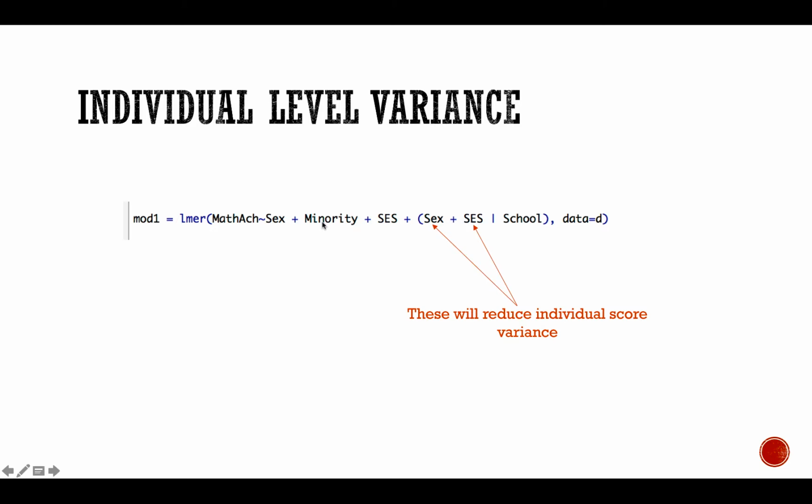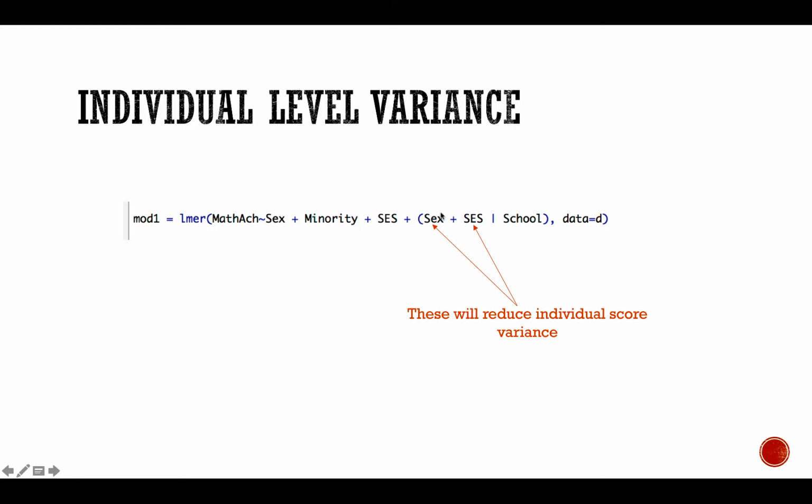So I guess the one thing that isn't is minority status. So we are assuming minority is a fixed effect here, that the difference between minorities and non-minorities is constant across all schools. There's no variability from that. Okay, so now that we have taken the big picture approach, let's go back here. So again, sex and socioeconomic status, we expect that those slopes vary across schools.